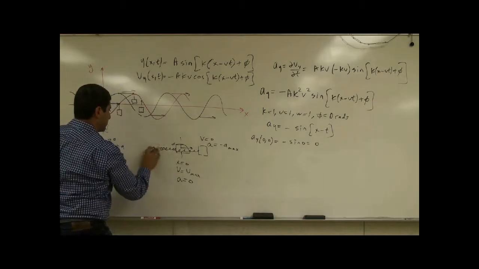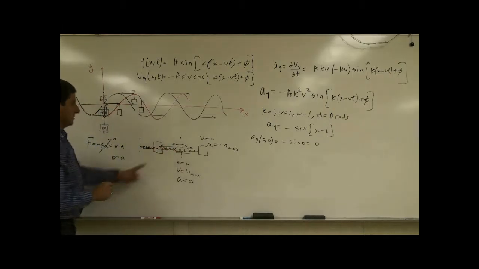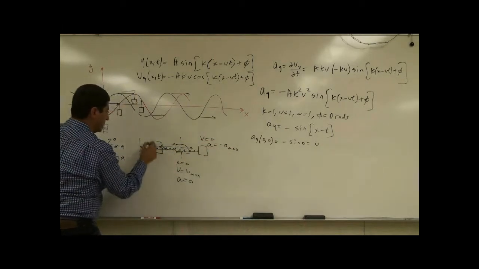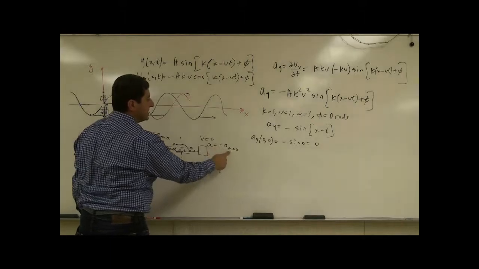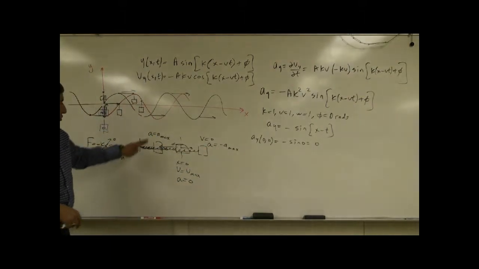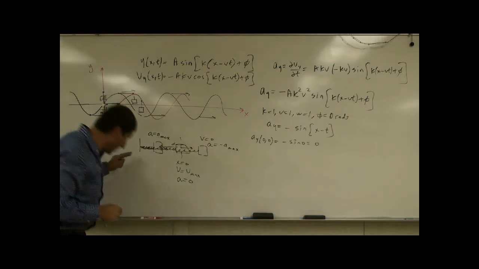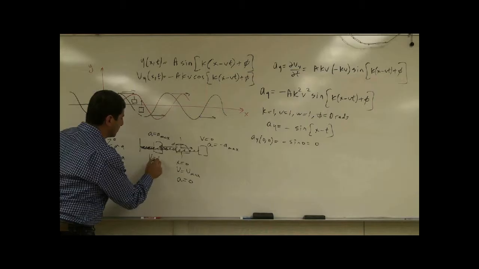And then over here, when the spring is most compressed, right here, you see, then the spring is exerting a force this way, right? A is equal to A max. This one is A is negative A max, right? So this one reaches the most positive acceleration because now the block is going to start heading this way, and then the velocity is going to be 0.